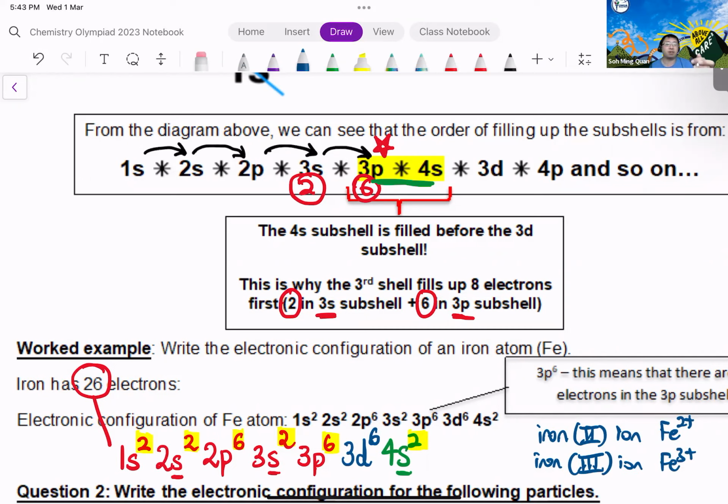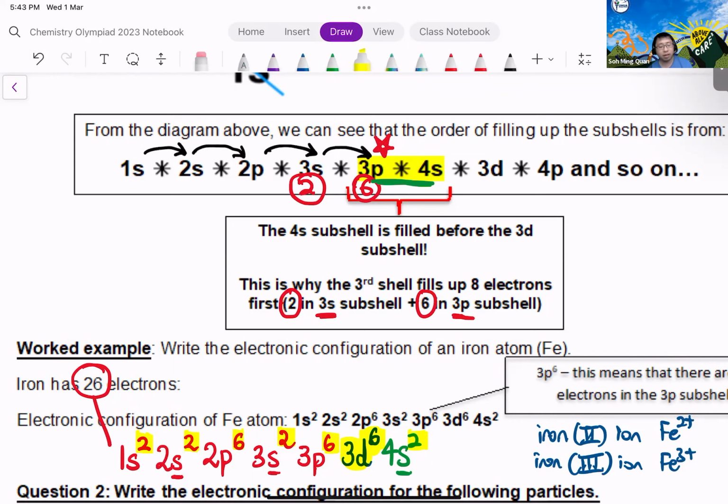The reason is because iron has electrons in the D subshell. So iron can choose to lose 2 electrons to form 2 plus, or lose 3 electrons to form 3 plus. That's the unique property of iron, as well as other elements that have this Roman numeral. So you have learned iron 2, iron 3. I believe you have also learned copper 2.